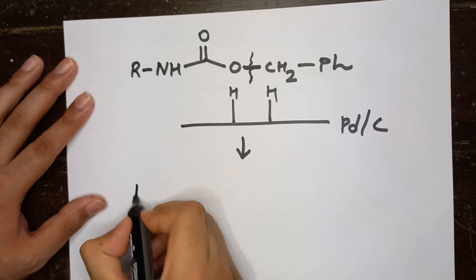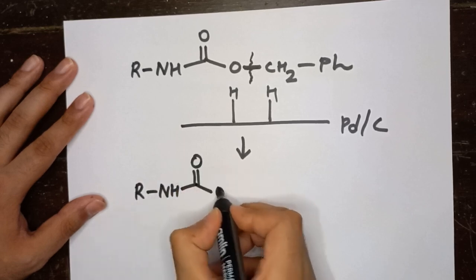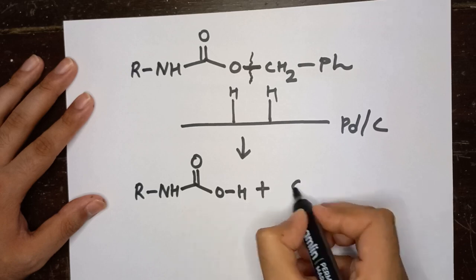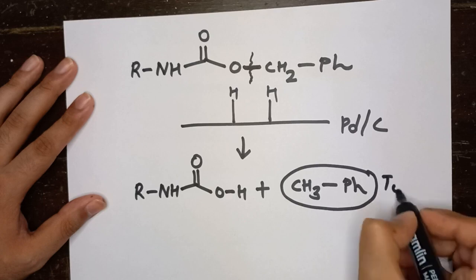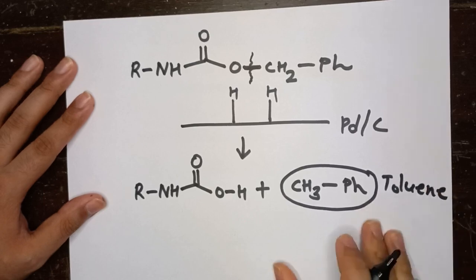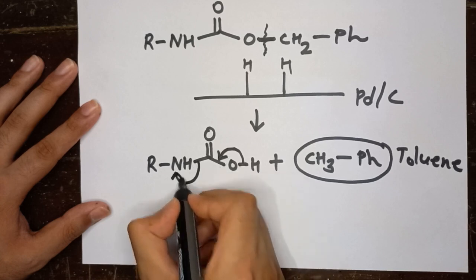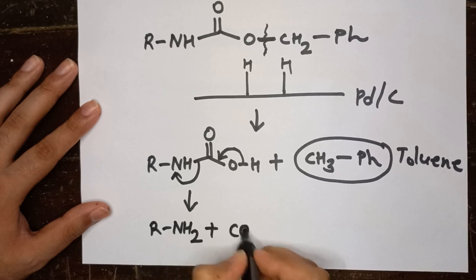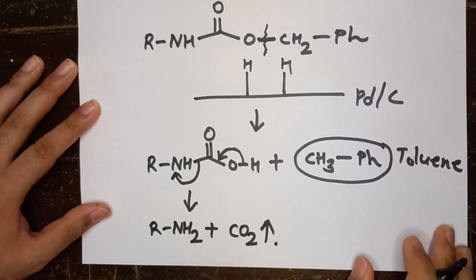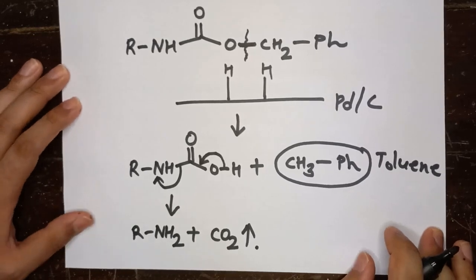So this will generate RNH-C(=O)OH and CH3Ph. This is toluene. And this can be further cleaved into carbon dioxide gas and RNH2, which leaves as a gas. So this is the mechanism for deprotection of the Cbz protected amine group.